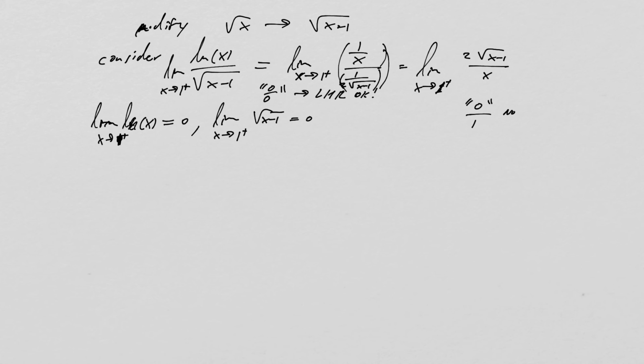This is not indeterminate, so no L'Hopital's rule is going to be used now. And what we can say is that this is equal to 0. That is the limit.